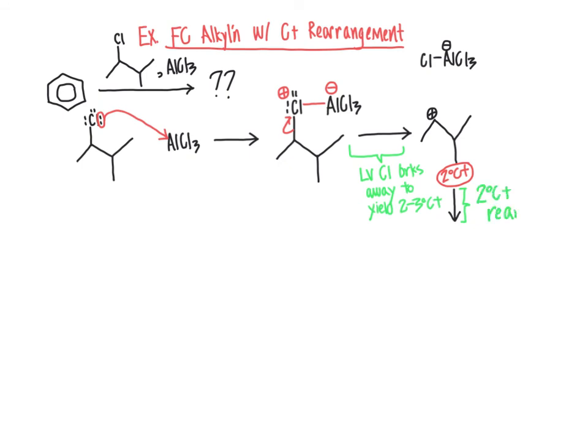This step is going to only occur if it's possible to do a 1-2 shift to give a tertiary carbocation. If doing that 1-2 shift by moving a methyl group or a hydrogen over by one position will not give a tertiary carbocation, the step will not happen. The step is only energetically favorable if we can take a secondary carbocation, like we have here, and convert it into the more stable tertiary carbocation.